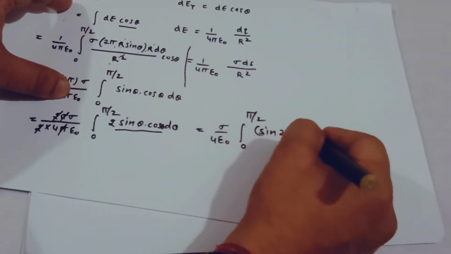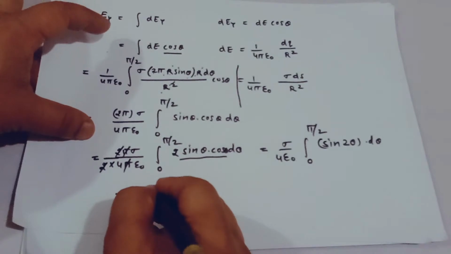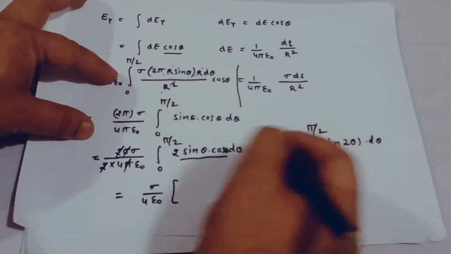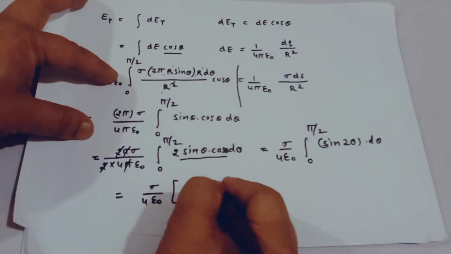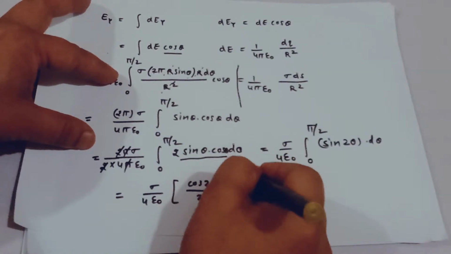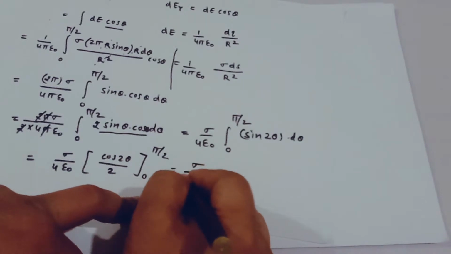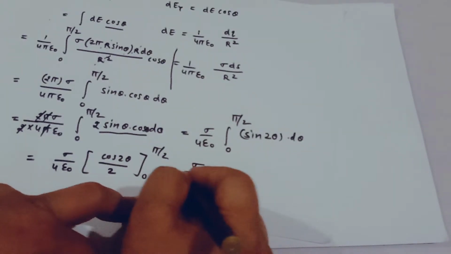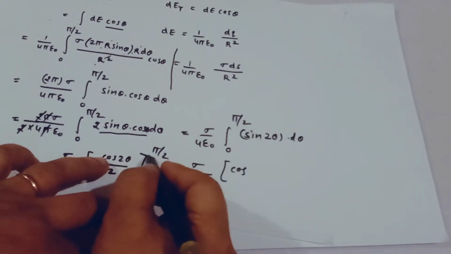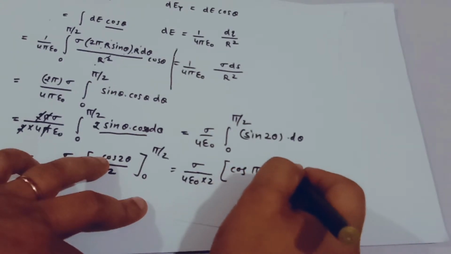And integration d theta. Just integrate that one, so that would be sigma upon 4 epsilon naught, and when you integrate that, it becomes cos 2 theta divided by 2, and the limit is from 0 to pi by 2. So you can put the 2 here, sigma upon 4 epsilon naught, and that would be cos 2 of pi by 2, that would be cos pi, minus cos of 0.